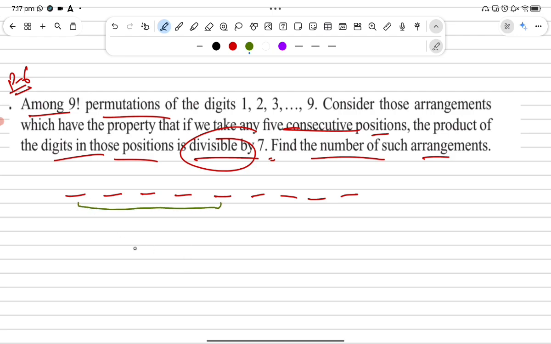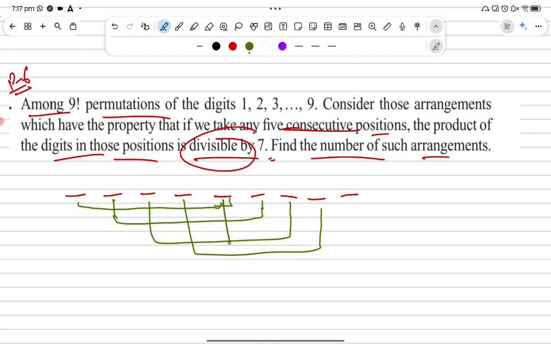It's 5 consecutive, right? Or I can choose this one as well. Or I can choose this one. Okay. Or I can choose this one or this one. Right? Sweet. These are the 5 possible cases: 1, 2, 3, 4, and 5. 5 ways in which I can choose 5 consecutive positions.